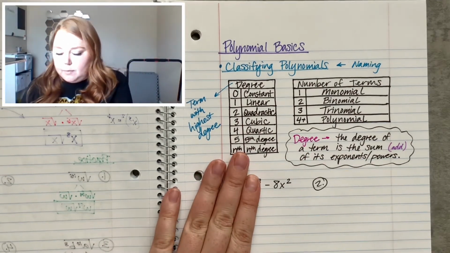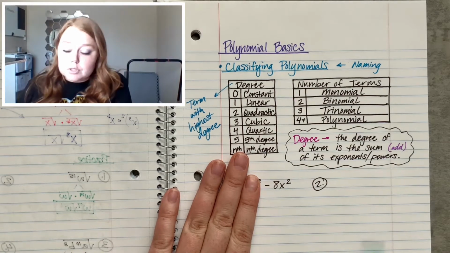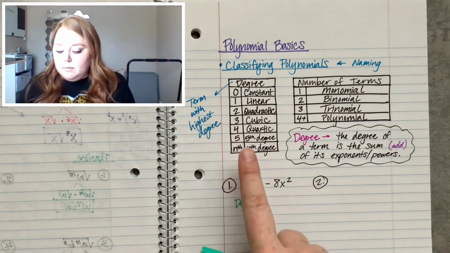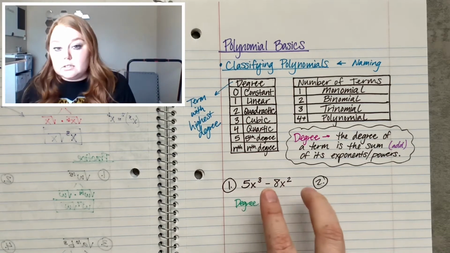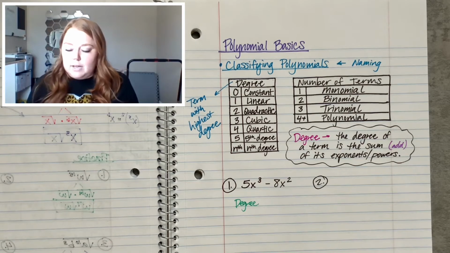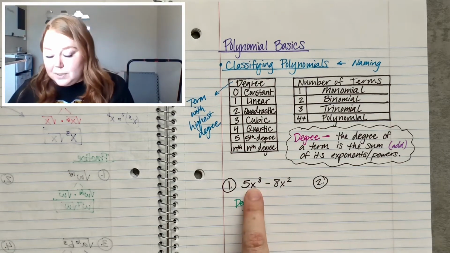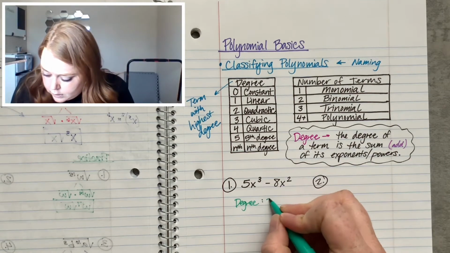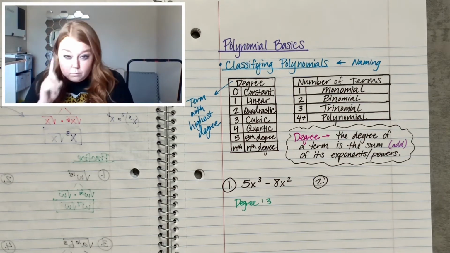The second term has a power of 2, which means its degree is 2, okay? But we name polynomials off of the term that has the highest degree. So that would be this one. So its degree is 3, okay?